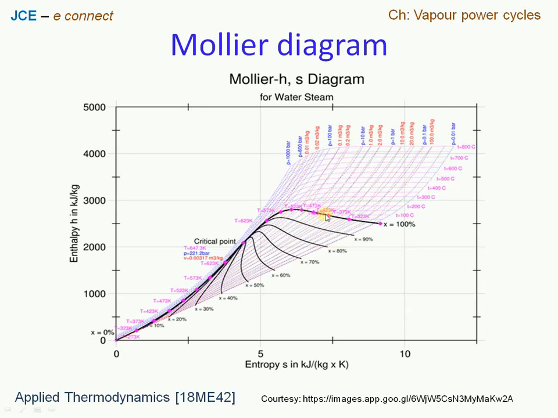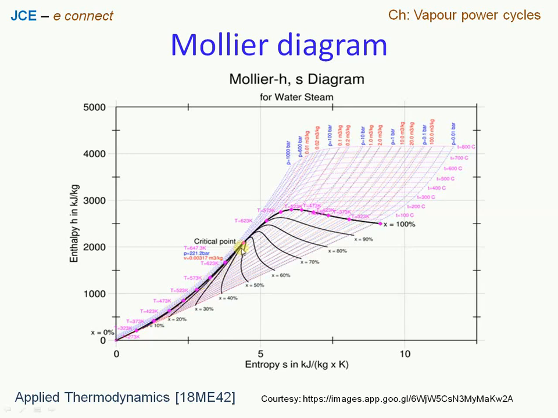We know that the saturation dome is made up of two curves. One half of the curve is composed of the saturated liquid curve, which I am pointing out here.